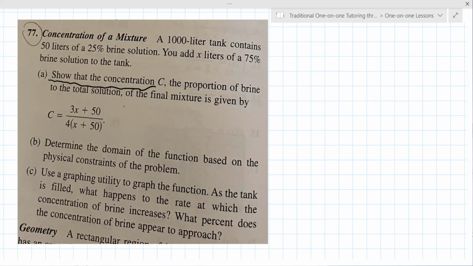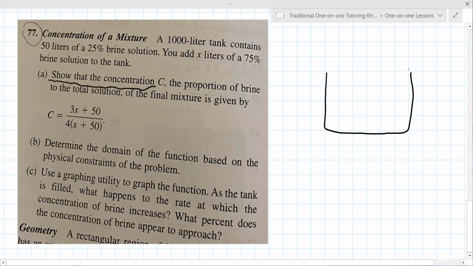All right, so you have a tank like this, and its max volume is 1,000, and it already has 50 liters in it. So this is like a percent times amount plus percent times amount equals percent times amount.